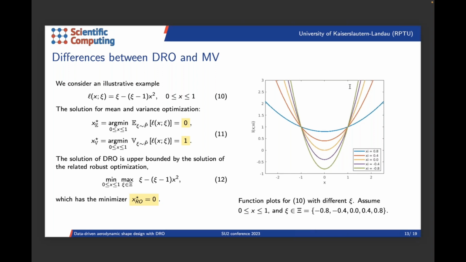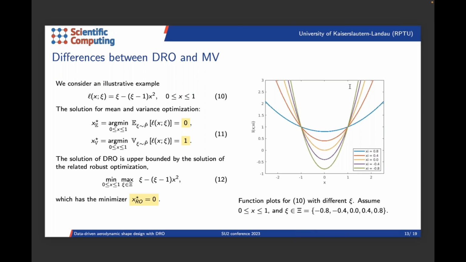And the solution for x that minimizes the variance is 1, because all curves go through 1. If we apply mean variance optimization, which is a bi-objective optimization, the Pareto front of solutions goes from 0 to 1, depending on how you choose the weighting factor. For example, if you choose a large weight mu, you get a solution close to 1.